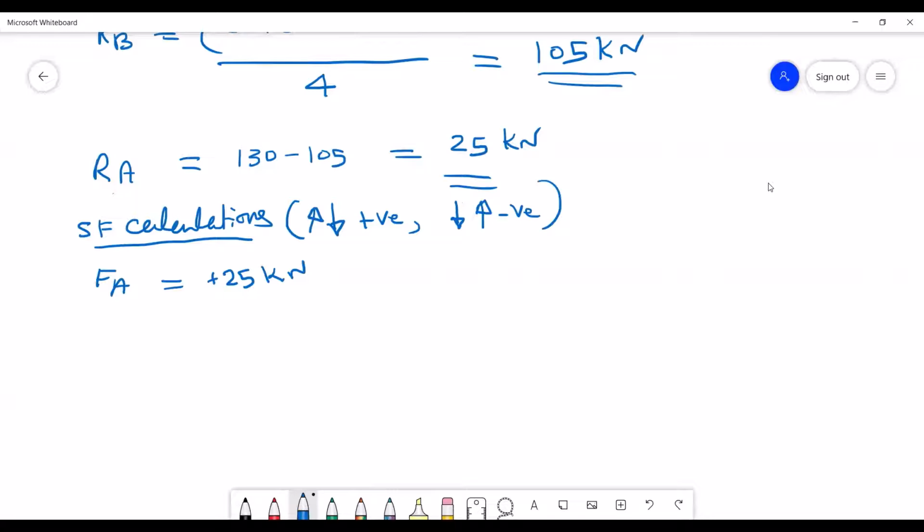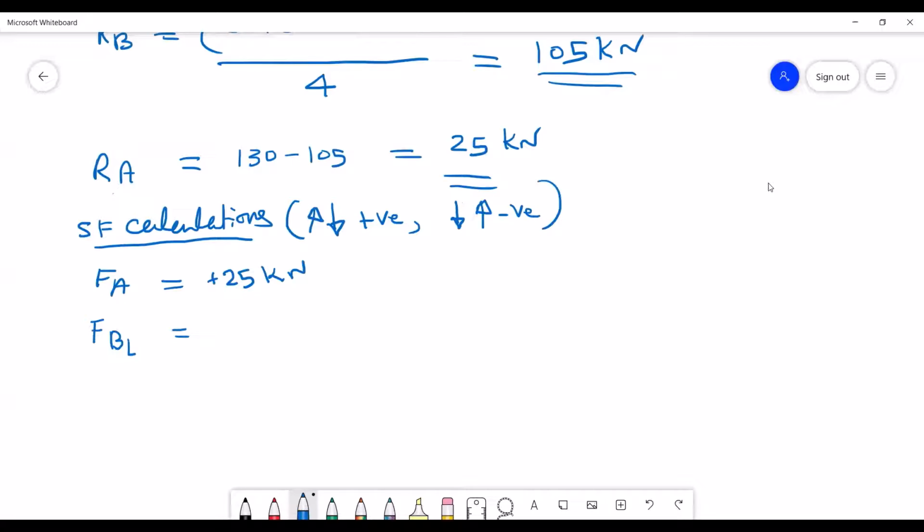Then we come to the next point, that is B, where the uniformly distributed load is there. Whenever the uniformly distributed load comes, you have to calculate the shear force on the left side as well as the right side. On the left side, you will not consider the load at B, and on the right side, you will consider the load at B also.